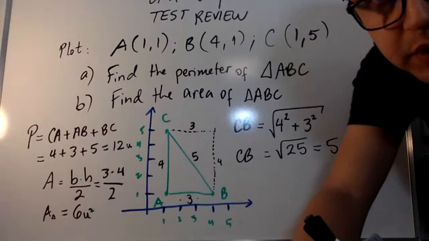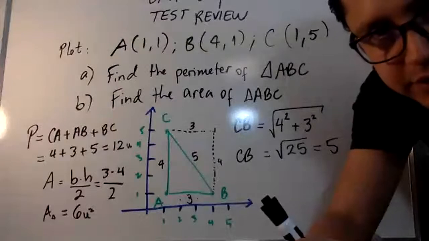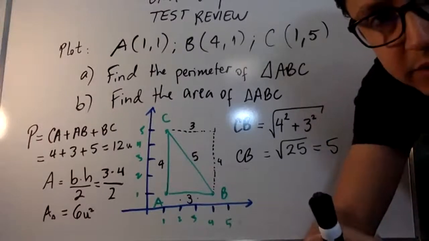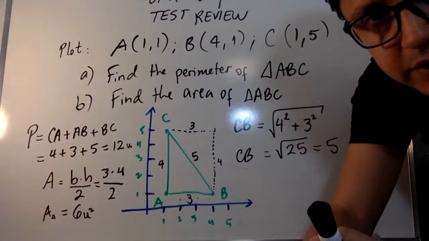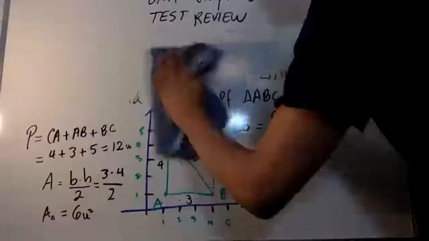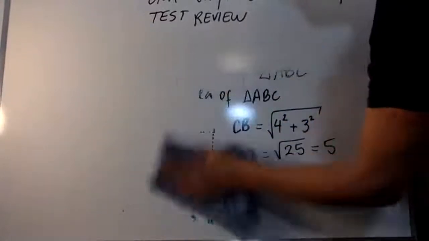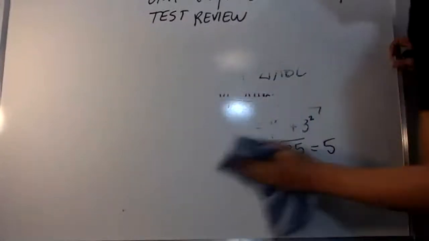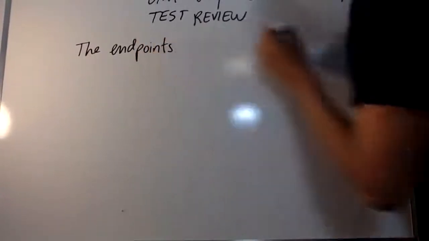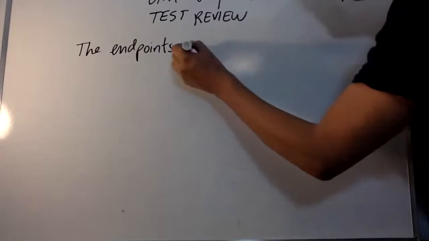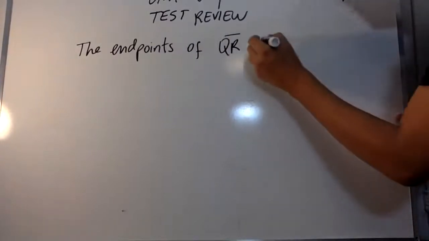Okay, now I'm going to go over another exercise, and let's see, how about we do endpoints and midpoints. Those exercises are sometimes a little bit tricky, so let's go over one of these. Find the midpoint of the segment QR.